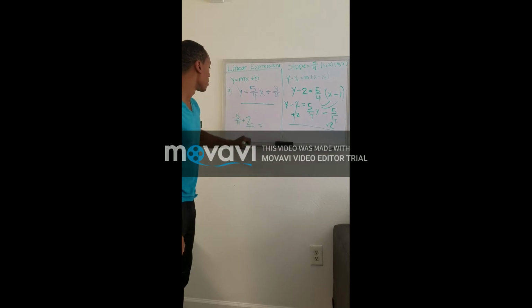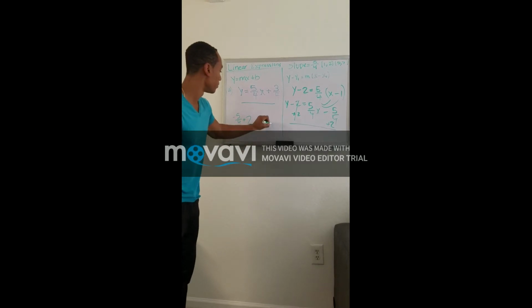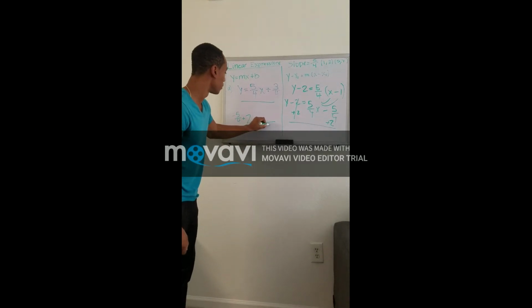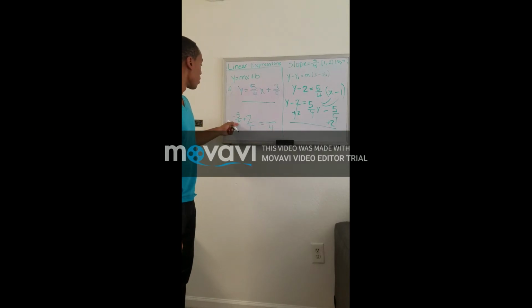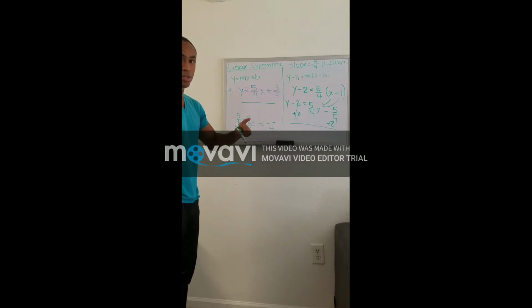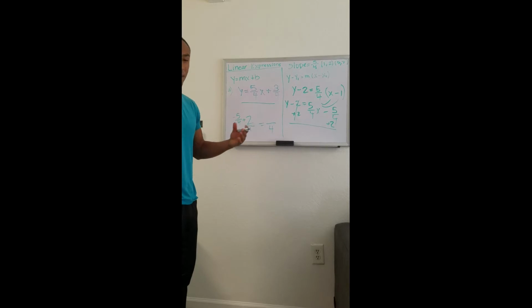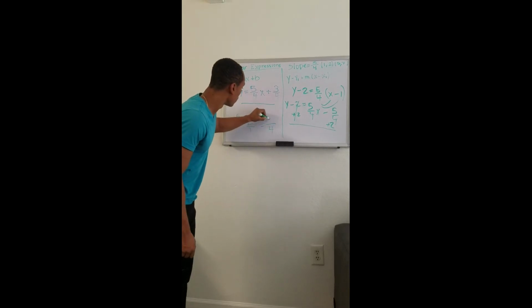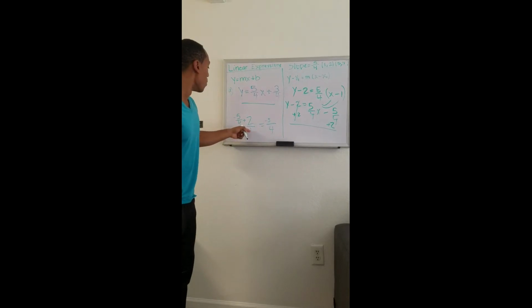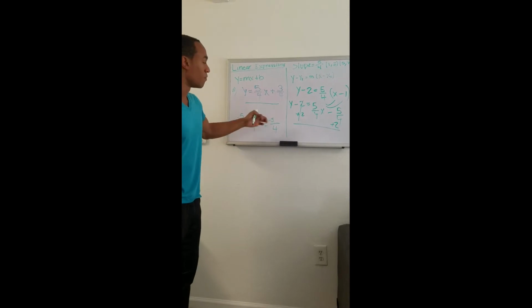Okay, I'm going to give it a common denominator of 4 again. 4 goes into 4 once. 1 times negative 5 is negative 5. 1 goes into 4 4 times. 4 times 2 is 8.